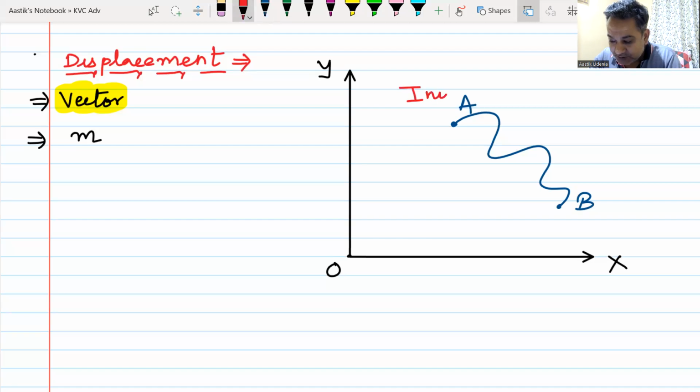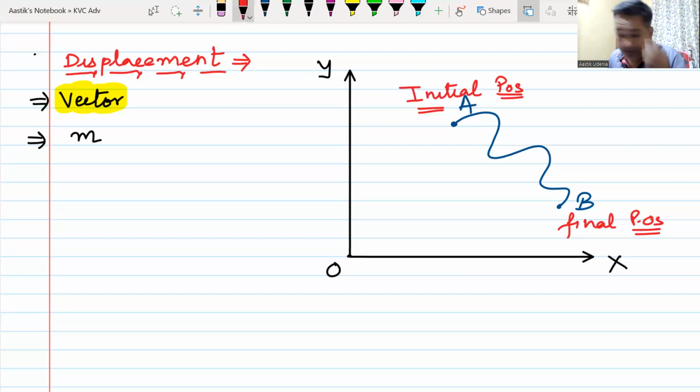Do we understand this initial position? This is known as initial position, and this is known as final position. Right. Now, can you tell me what do you mean by displacement? What is the displacement of the particle? The particle has moved from point A to point B. What is the displacement?